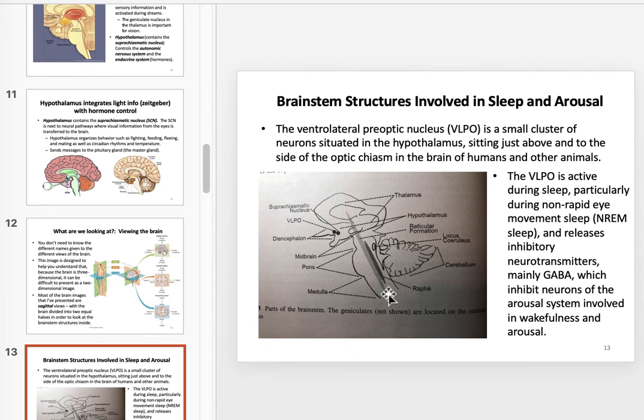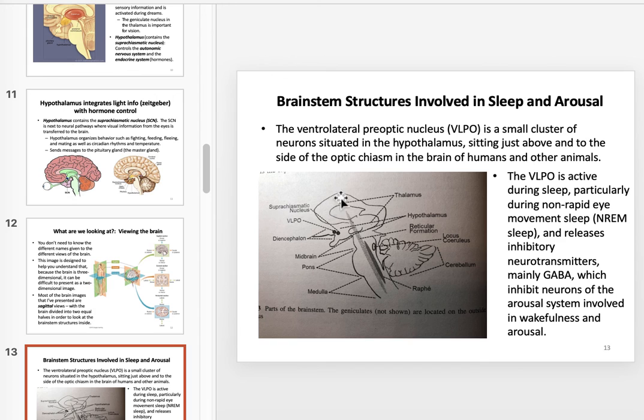Okay, this is the image the book gives you, which is a drawing, and it does accurately relay what we've been looking at. Here we've got this pons, which is a bulge in your brainstem. Here's your cerebellum. We can see that reticular formation running the whole length of the brainstem up into our midbrain and our diencephalon.